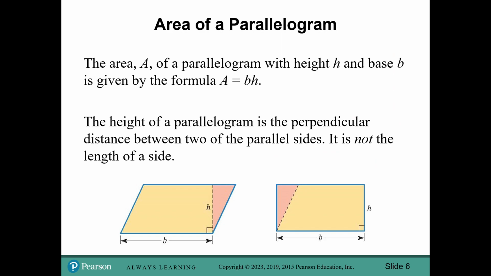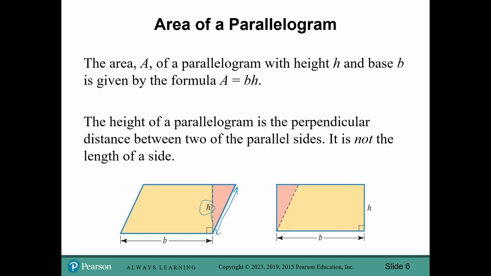It is not the length of the side. So take note here when you look at this parallelogram, this length here is not your height. The length that's your height is your vertical, the one that makes the 90 degrees, not your diagonal. So make sure that you find the correct height.